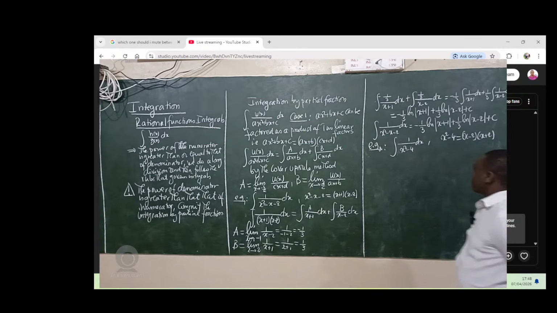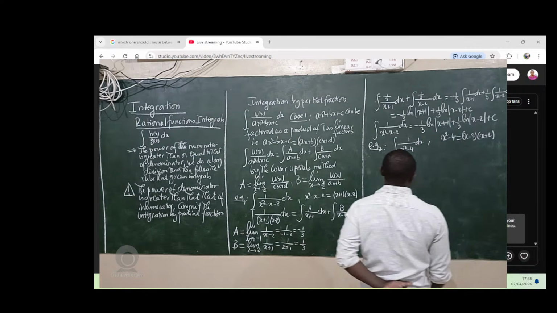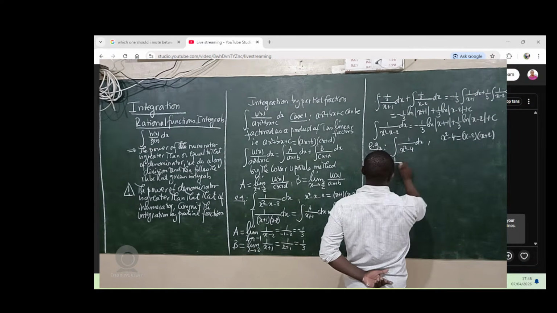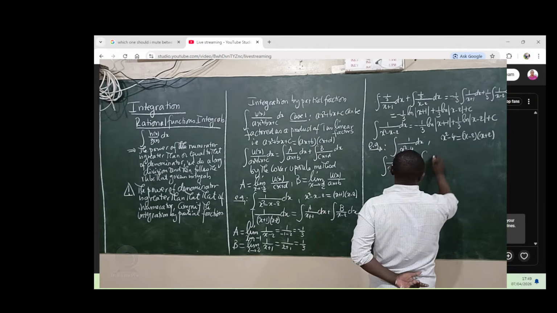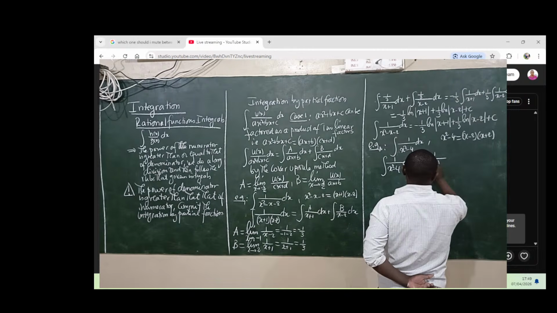The integral of 1 over x squared minus 4 dx is equal to the integral of 1 over x minus 2 times x plus 2 dx.